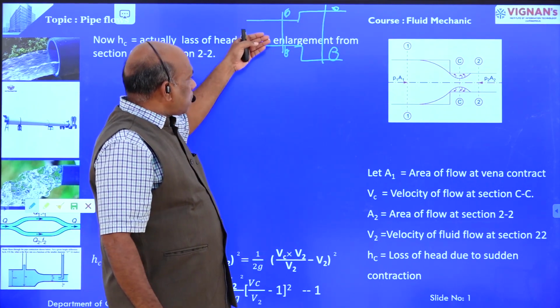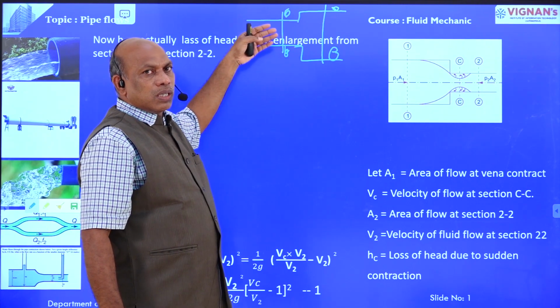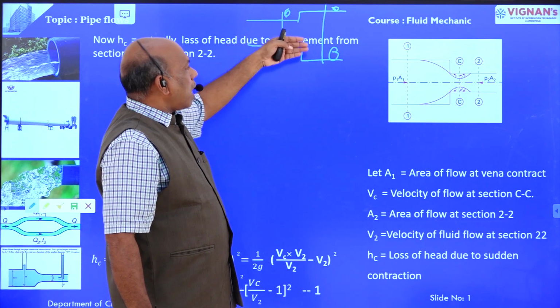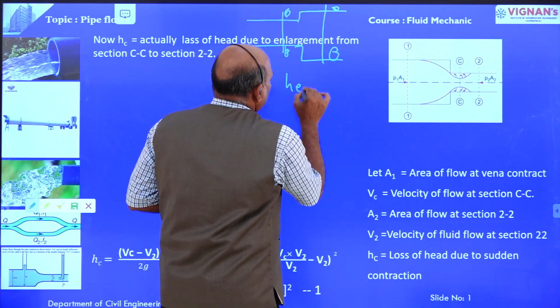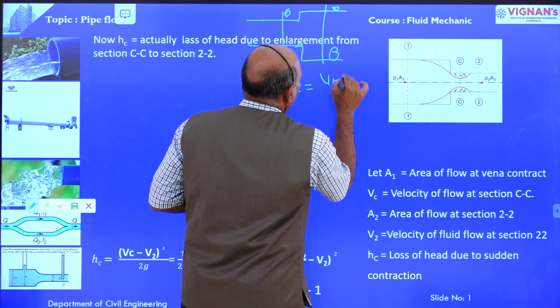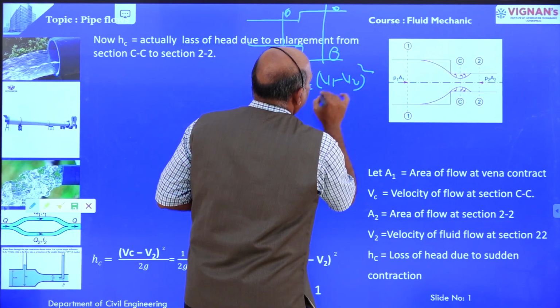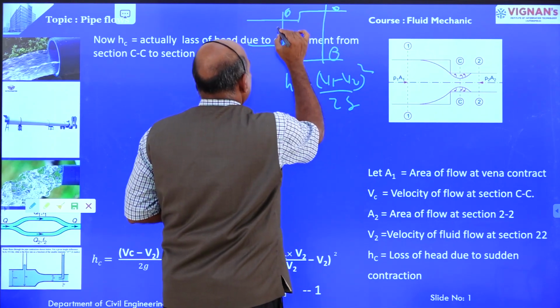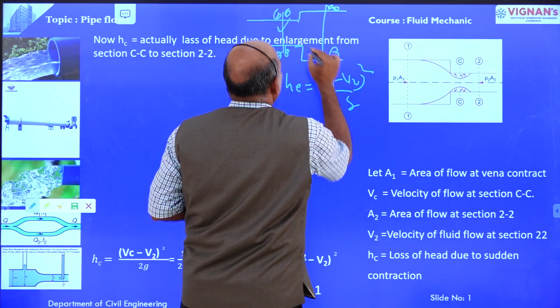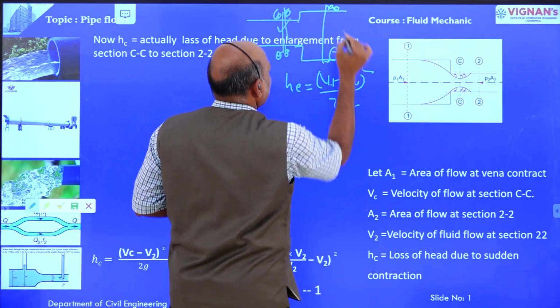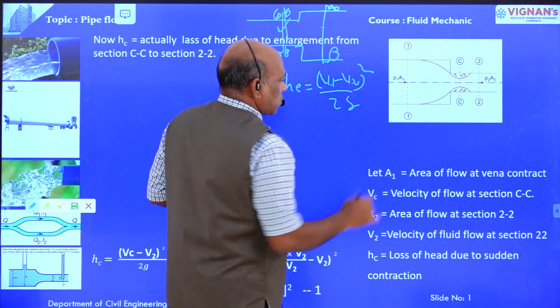Because of the expansion, the head loss due to expansion is equal to (V1 minus V2) squared by 2g. V1 is the velocity at section 1-1, V2 is the velocity at section 2-2.